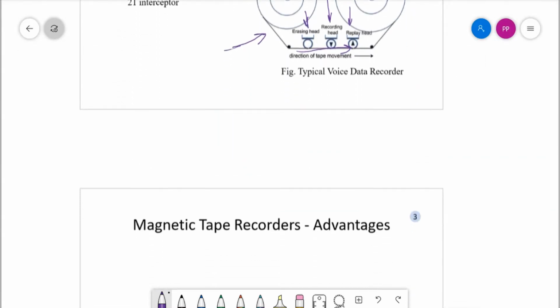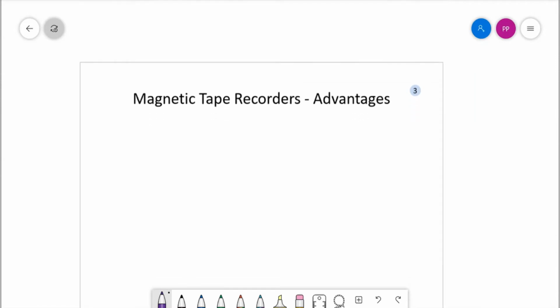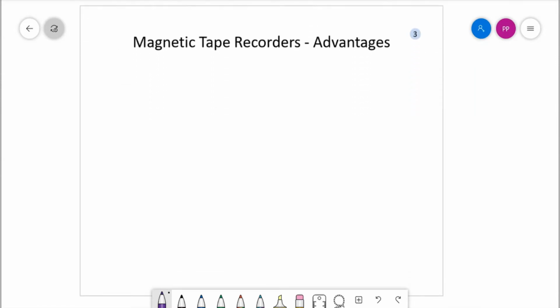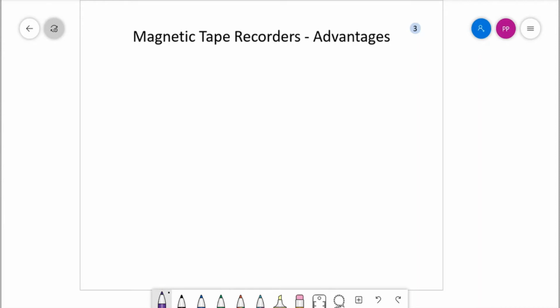So let us see the components. First we discuss the advantages, then we will go through the components. So there are different advantages of magnetic tape recorders over the previous kinds of recorders we have studied so far, including the XY recorder.